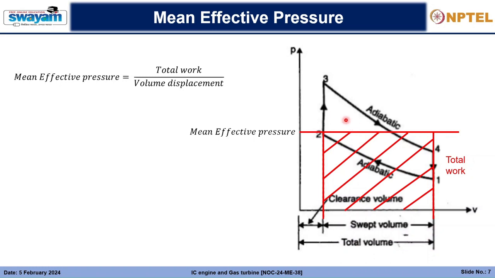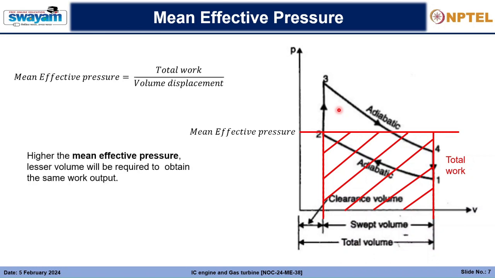So if you know the mean effective pressure, you need not go to all the thermodynamic relations and everything. You simply know the geometric conditions of the cylinder, how much it is sweeping, or the swept volume, and simply multiply with the mean effective pressure. So if you know the mean effective pressure, you can comment on the engine also.